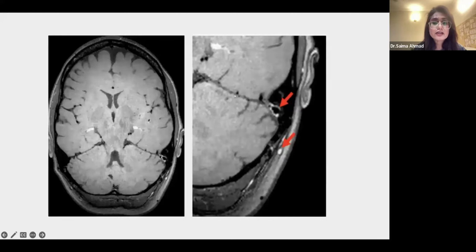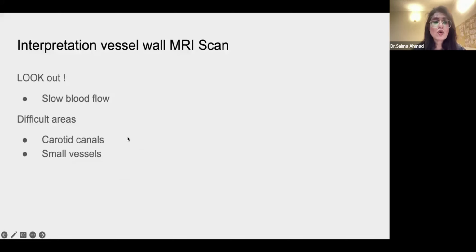And there are some pitfalls also. You can see that there is an enhancement and also signal from the vessel, but you must know that this is the area of the venous sinuses, not the arterial area. So you must be aware of those regions and areas where there is slow flow. Slow flow blood and difficult areas are the carotid canals, because we have the venous plexus in the carotid canals and small vessels.